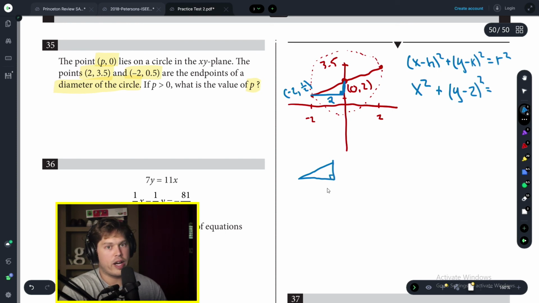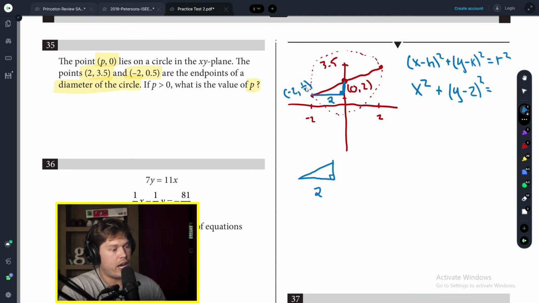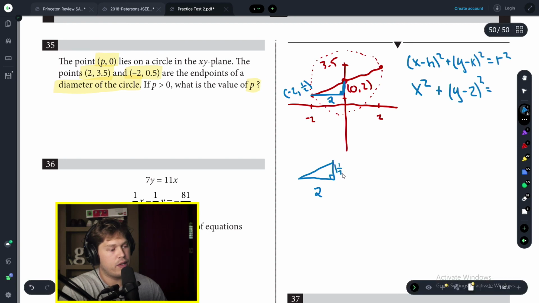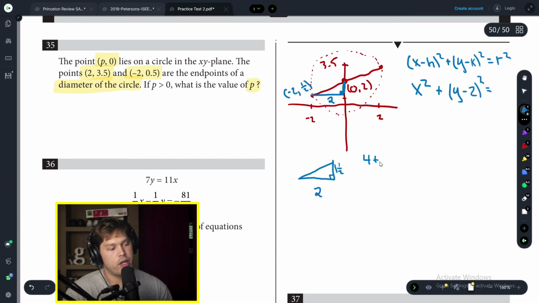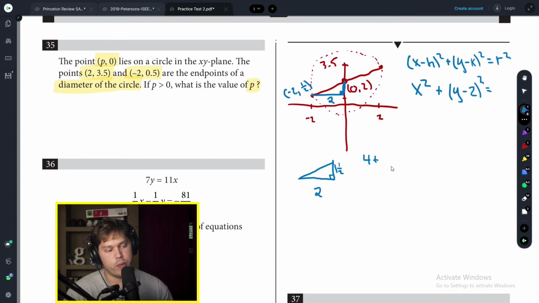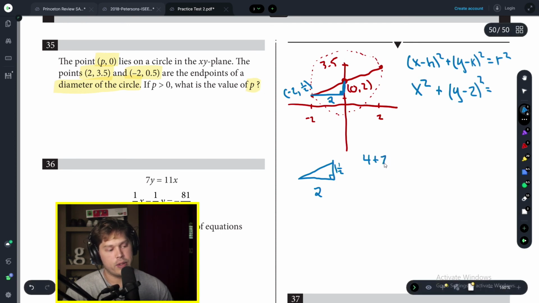So this right triangle, this of course is a distance of 2. It has a height, we're going from a half to 2, so this has a height of 1.5. So what's our hypotenuse? Well, we have 2 squared is 4, plus 1.5 squared, that's going to be 2.25, equals our radius squared.